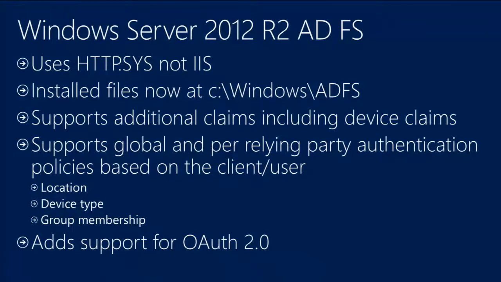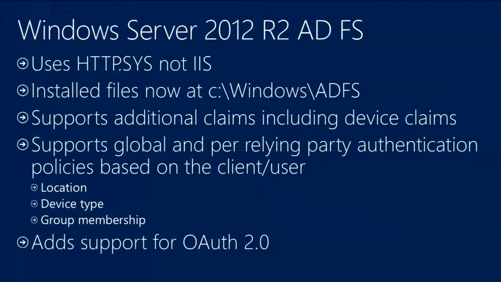And then the device type. Well, I've just talked about how we can find out about the device type, and then group membership. So you could say that anyone who's in some sort of administrative group would need to use multi-factor. Or you could say all devices, if they're coming in from the internet, will use multi-factor.